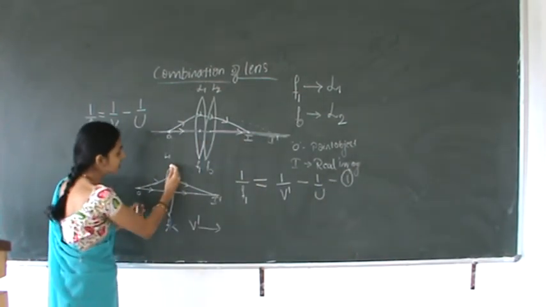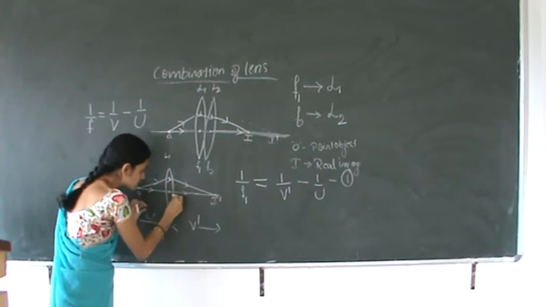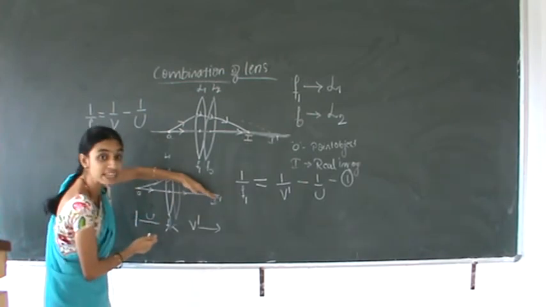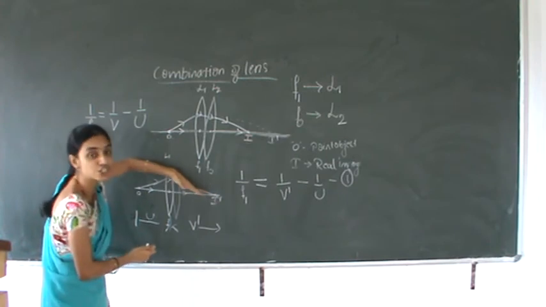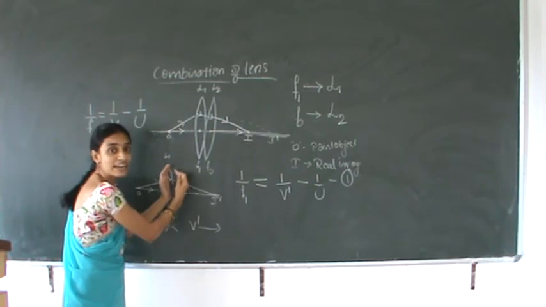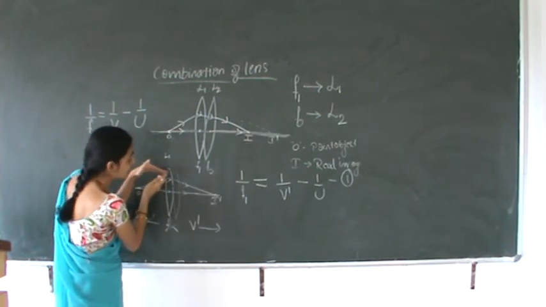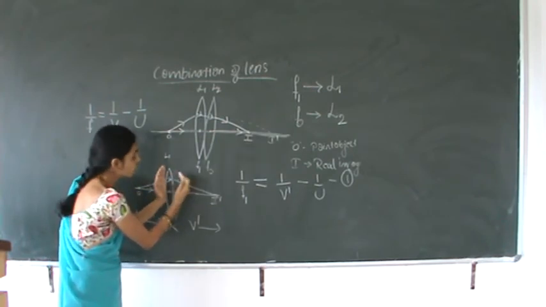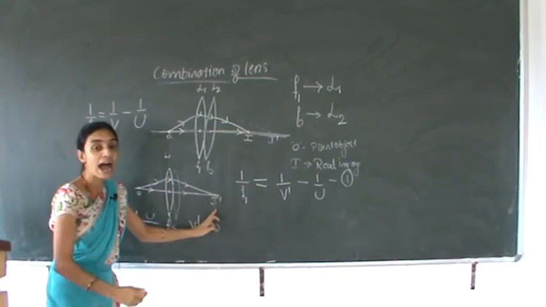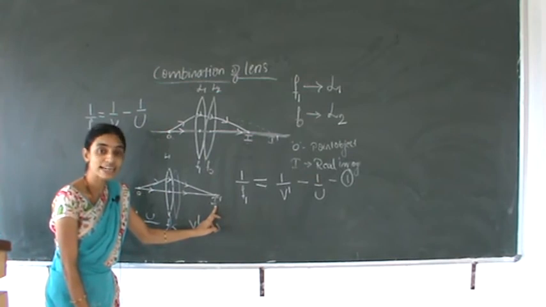Next, if I consider one more lens nearby, the rays have already been converged. In the direction of the converging ray, one more lens has been kept. In this case, I dash acts as a virtual object.